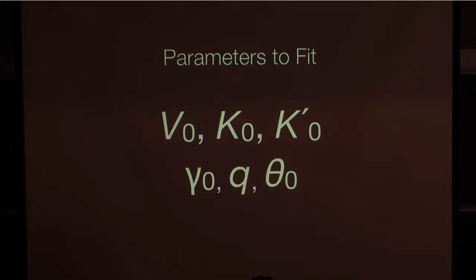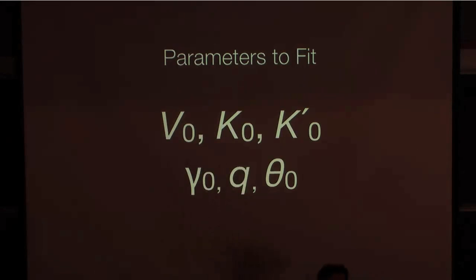And if you find a paper in the literature that tries to fit all six parameters together, don't use it, even if it is mine. If there's another paper that fixes the values that are well known, that's more likely to be right. But V naught is normally known.